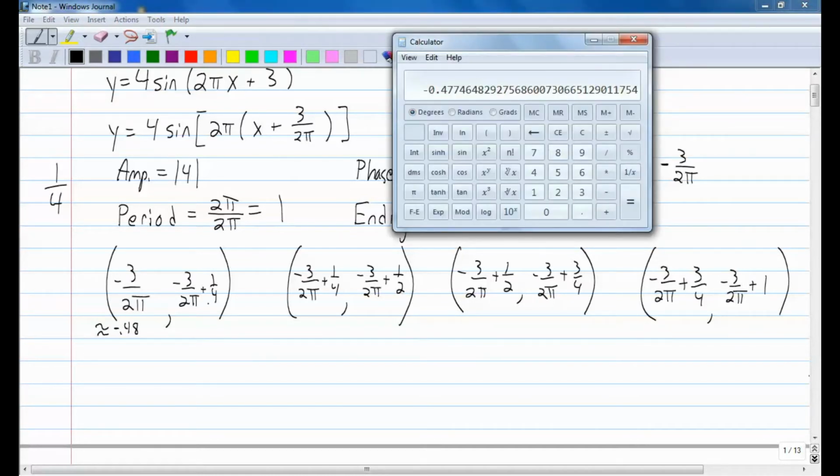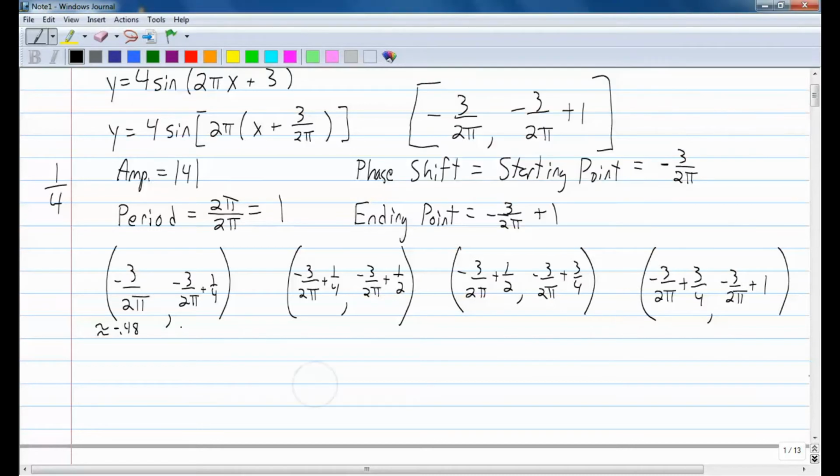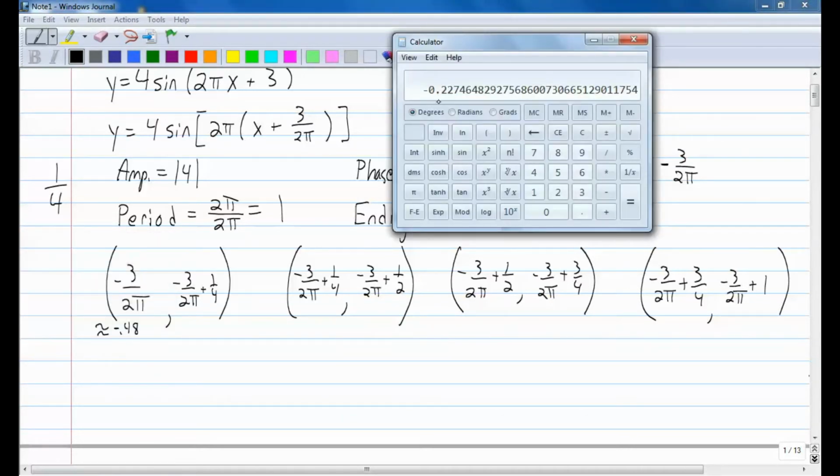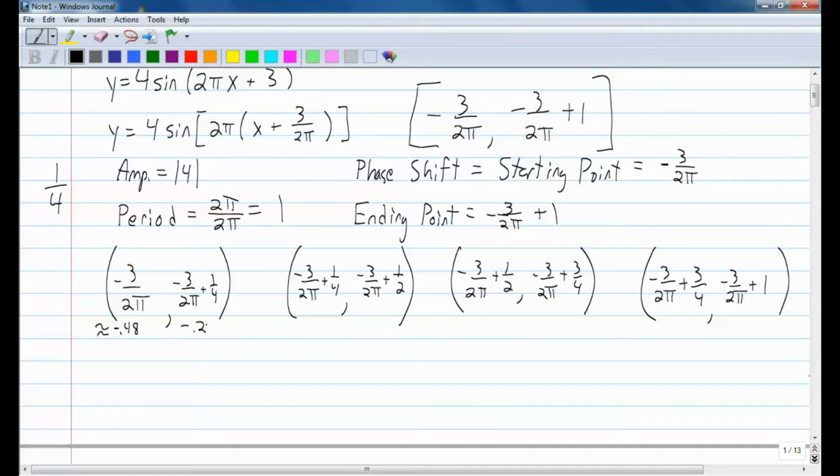Alright, then add 1/4 to that. 1/4 as a decimal is 0.25. You get the same thing. Alright, so if I add 0.25 to that, I have about -0.23.